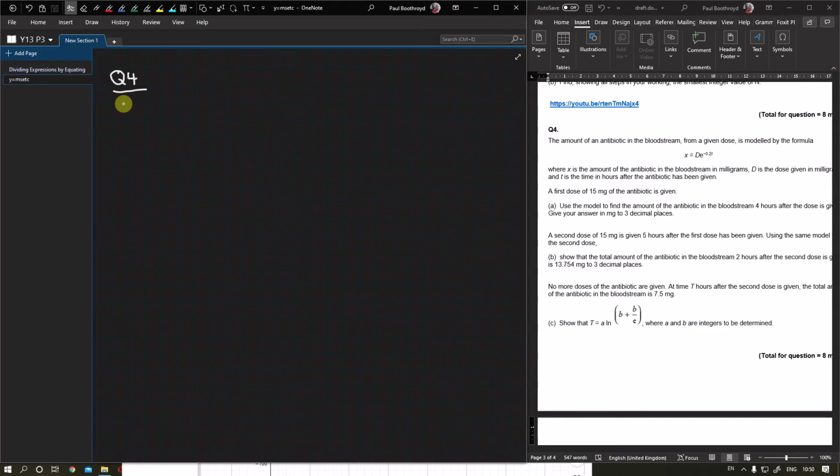Antibiotics in the bloodstream, it comes from a dosage and is modeled by a particular formula, D e to the minus 0.2t, based upon what the original amount is. That's fairly common. It's a common decay. The reason for e in there is that by changing the value of D and the value of the 0.2, you can actually model any exponential curve.